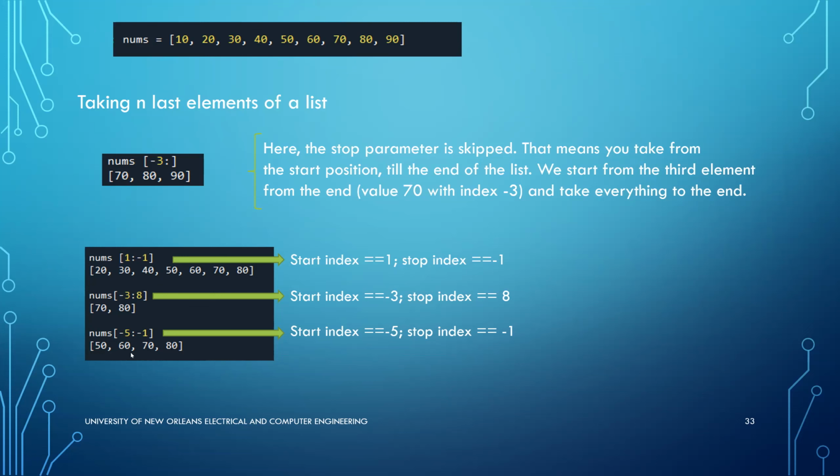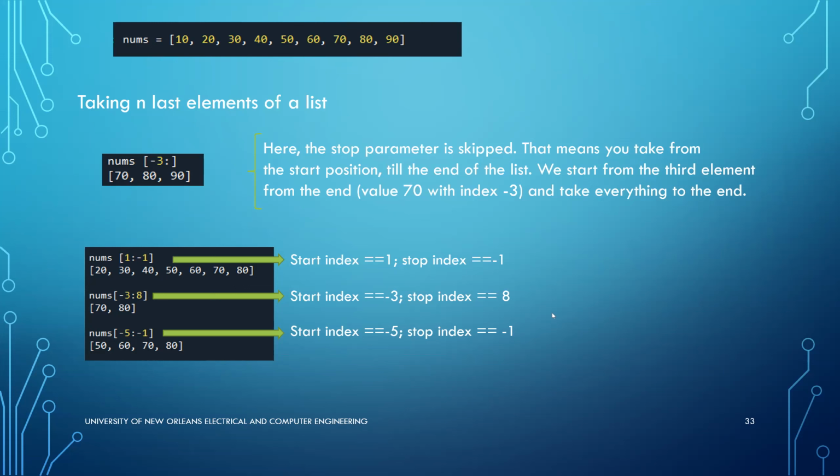Another example, in this one, the starting index is -5. So again, you go -1, 2, 3, 4, 5. It brings you here. And then the stop index is -1. So again, it's going to bring you to the end here, just like in the first case. So it's going to go from 50 to 80 in this case.